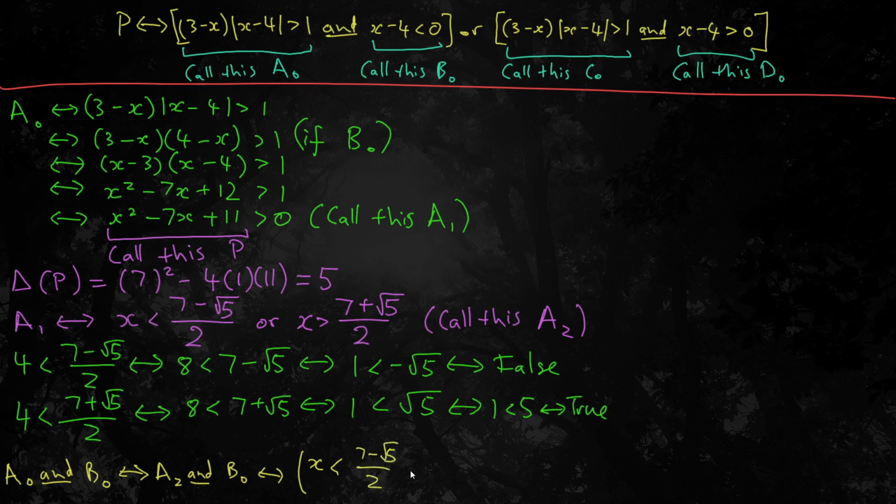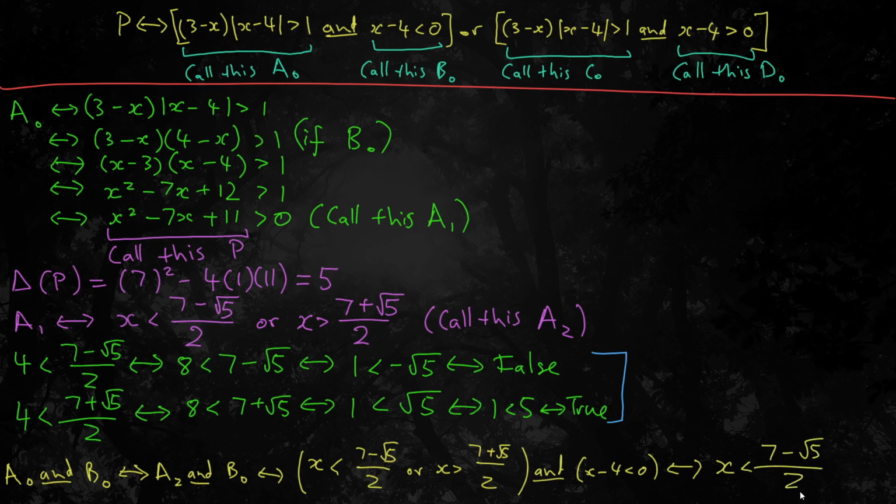That's the smaller of the two roots. Or x is greater than 7 plus root 5 over 2. And x minus 4 is less than 0. And based on the computations we did here, we can say this is equivalent to just saying that x is less than 7 minus root 5 over 2.